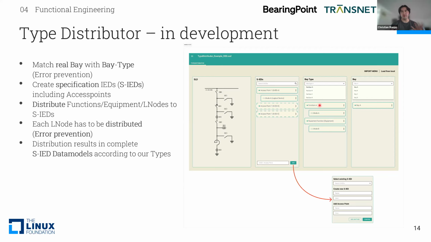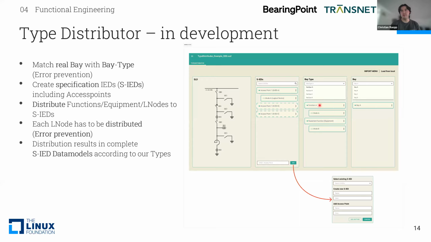So now you have to match the actual bay to a bay type. This matching can only be done if the bay type contains the right amount and right types of conducting equipment that the bay also has.